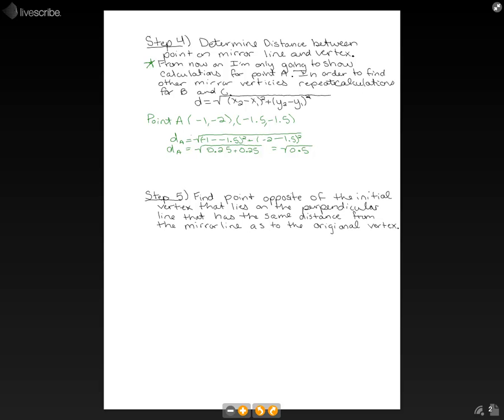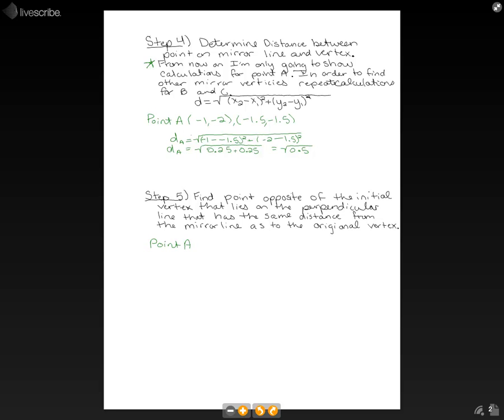Okay, so now we have this distance, and this tells us how far away our vertex is from that mirror line. We know our reflected vertex has to have the same distance. So we're going to set that distance equal to a distance equation and solve for our other mirror vertex.